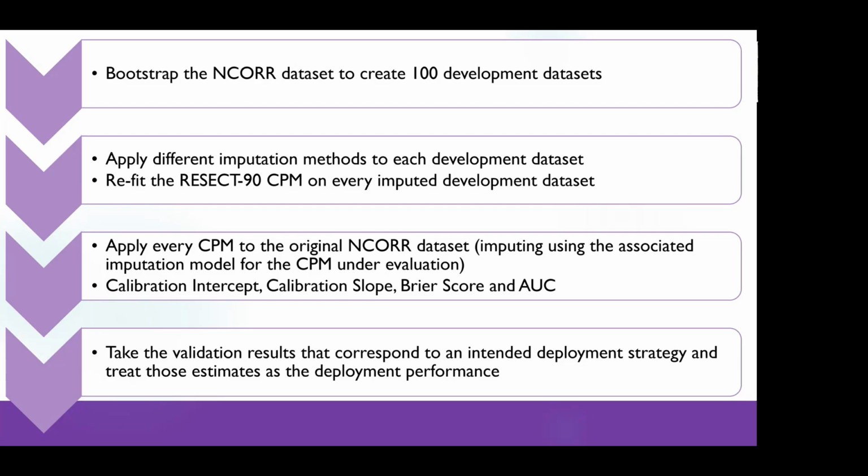For the purposes of this study, we took that to be the validation results that corresponded to the intended deployment strategy. To give an example, if we were looking at a situation where you intend to deploy under multiple imputation, then the validation results corresponding to multiple imputation we take as being the deployment performance, which is obviously what we're targeting to estimate.